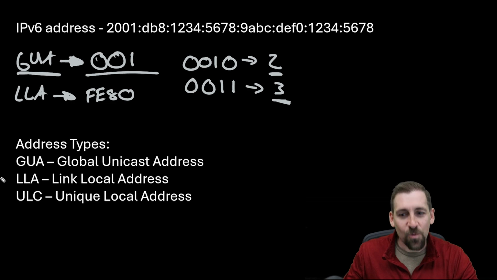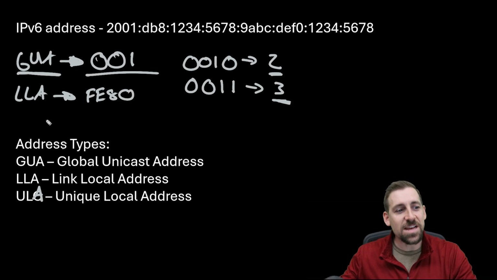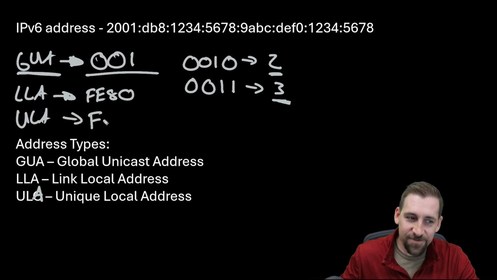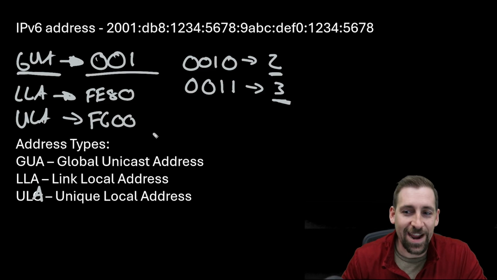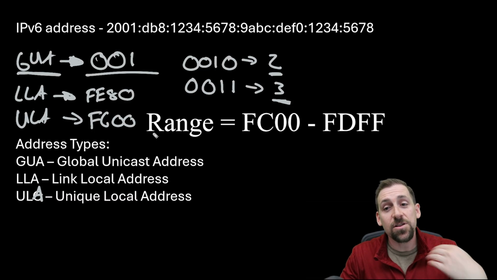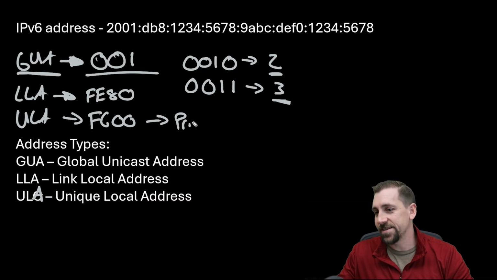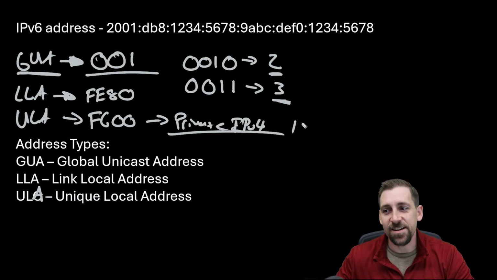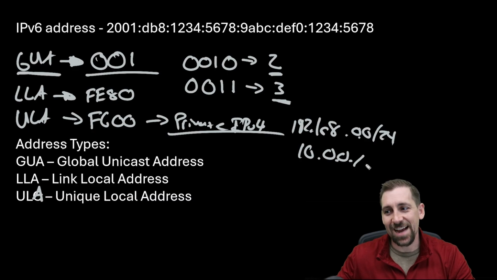And then finally, we have ULA, unique local addresses. Your ULA addresses start with FC00 and have a little bit larger range, but that's the beginning of that range. And your unique local addresses are actually more similar to private IPv4 addresses, the private IPv4 address space like the 192.168.0.0/24 address space, or the 10.0.0.0/8 address space.